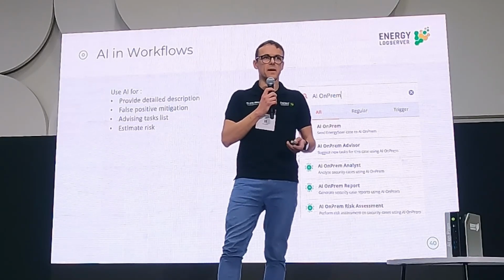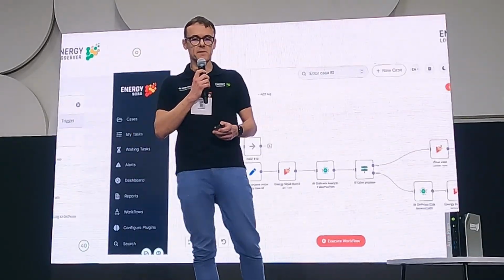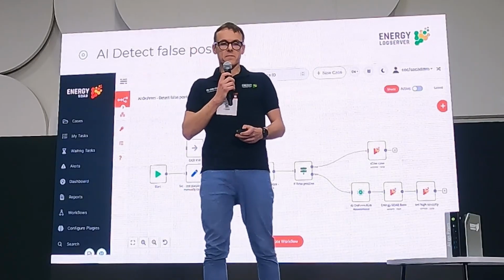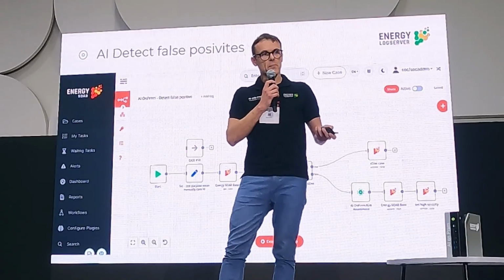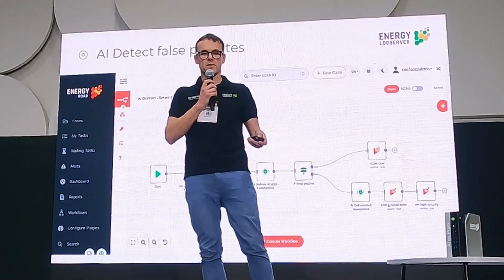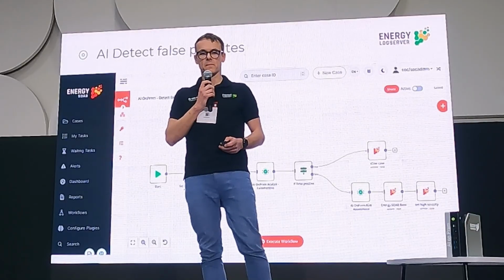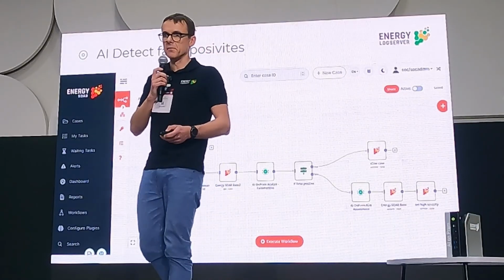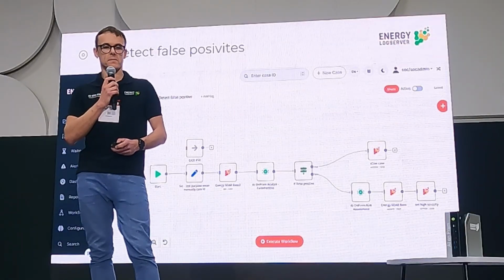We can create a list of tasks for the SOC team, estimate the risk. This is a very simple scenario to detect false positives. So we grab a case, we put it to AI, and decide whether to close the case or raise the priority. You can imagine that the majority of repeatable tasks could be solved with that simple workflow.